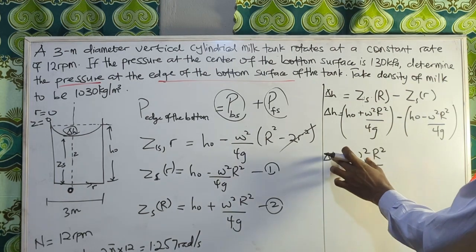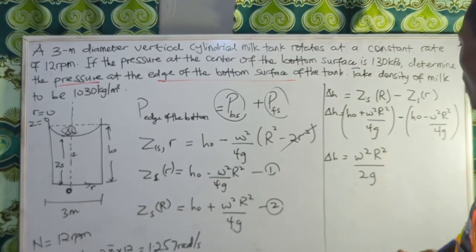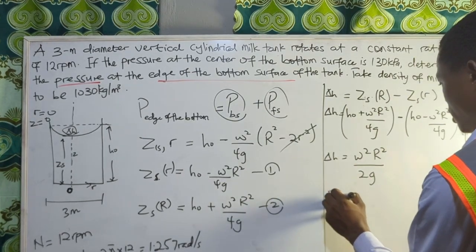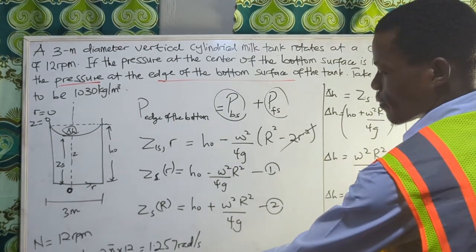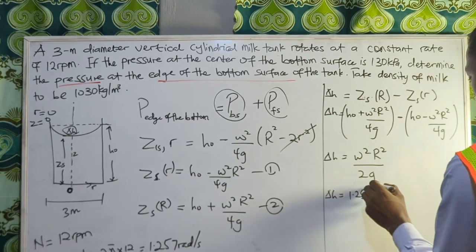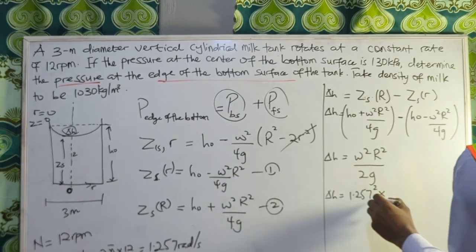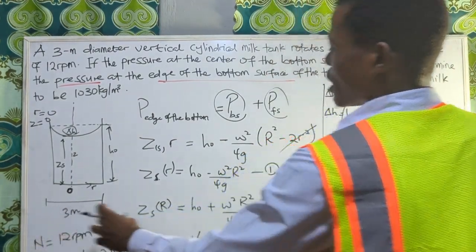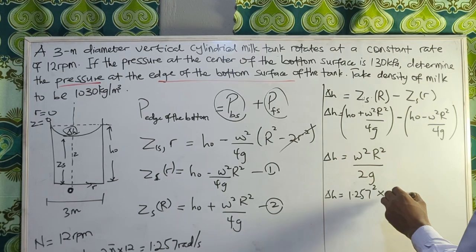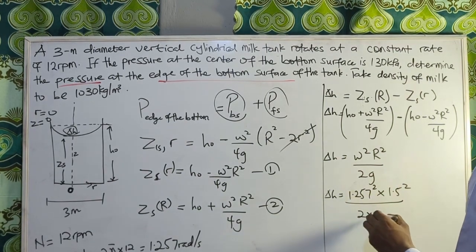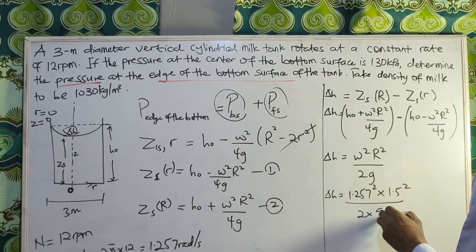So this is our delta H. Let's try to find our delta H. Delta H will be equal to the omega we found, 1.257 squared, times R. They give us the whole diameter to be 3, so R will be 1.5. So times 1.5 squared all over 2 times the acceleration due to gravity.